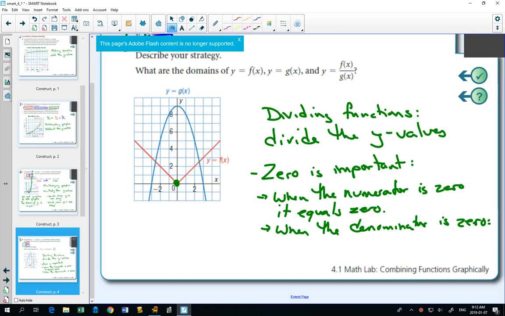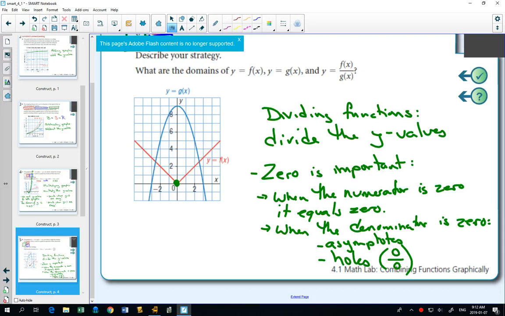What have we had? Asymptotes. We have a possibility of asymptotes or holes. And I'm just going to write 0 divided by 0 in brackets there.